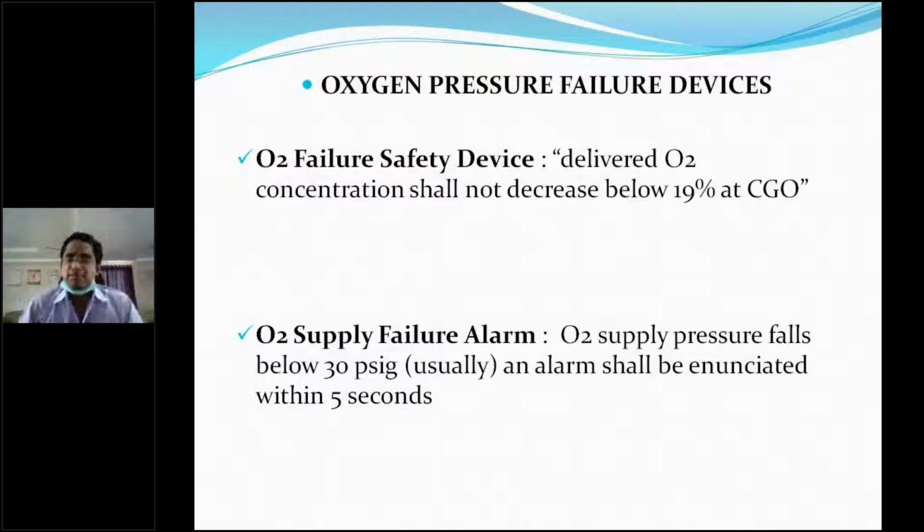Next, we have some mechanisms in the machine like oxygen pressure failure devices. For example, if you are giving anesthesia to the patient, the combination of gases used is oxygen, nitrous oxide, and isoflurane or any other volatile agents like desflurane, enflurane, sevoflurane, halothane, ether, chloroform.